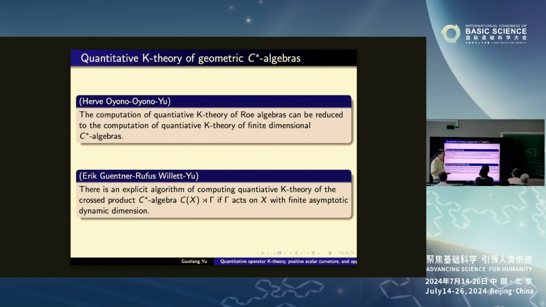Another thing I want to say, this is with Eric and Rufus. In a dynamic setting, when you have a group acting on a space, often it's ergodic. Ergodic corresponds to the algebra being simple. You cannot decompose into simple pieces. But the strength of quantitative K-theory is that you don't need ideals.